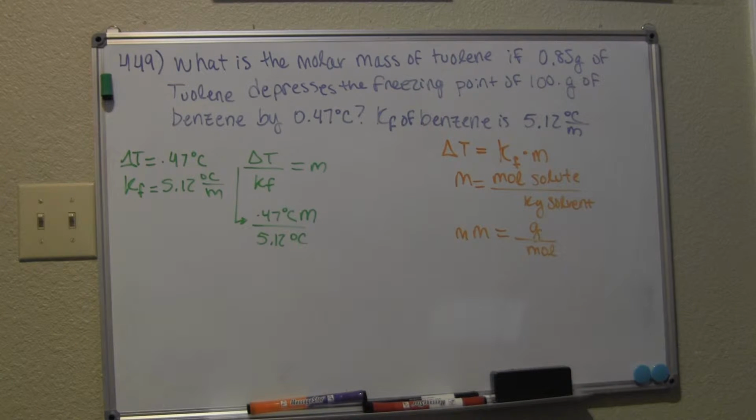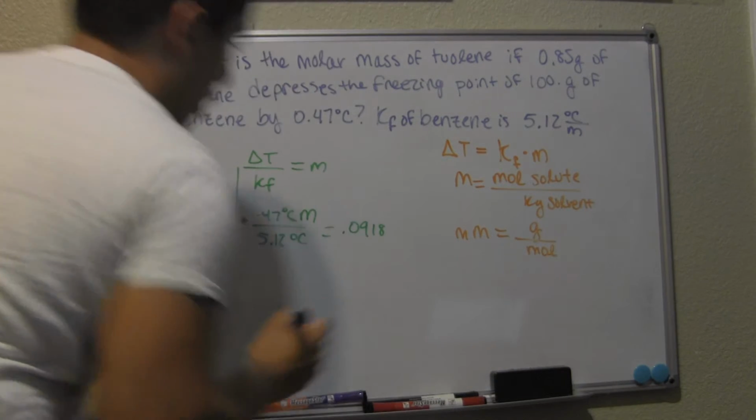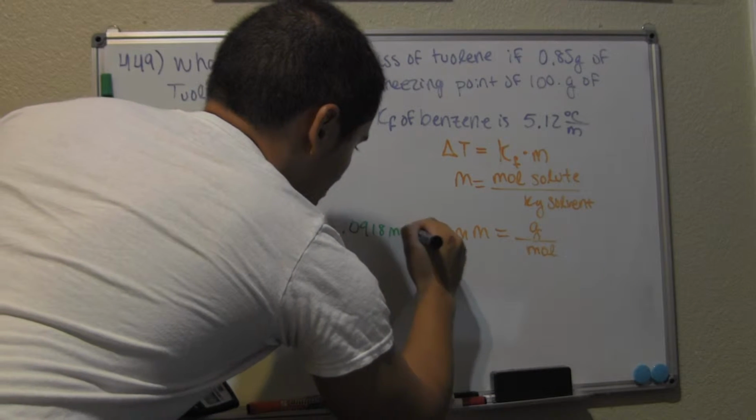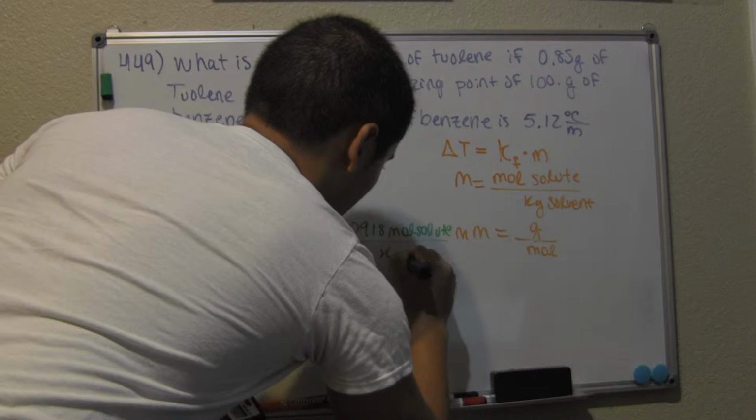So 0.47 divided by 5.12 is equal to 0.0918 molal, that is, moles of solute per kilogram of solvent.